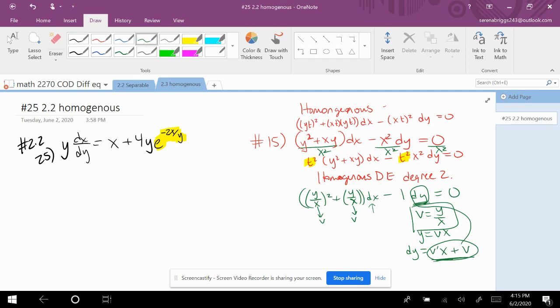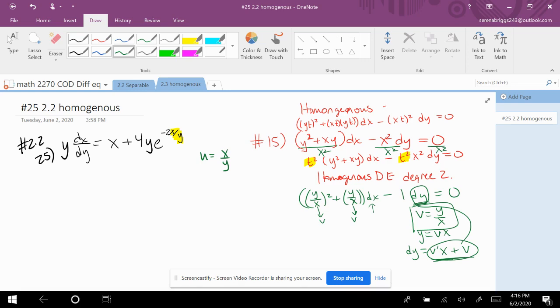The best substitution is more evident when you look at the exponent. I'm going to use a new letter, u equal to x over y instead of v, just to emphasize that it's a different substitution.